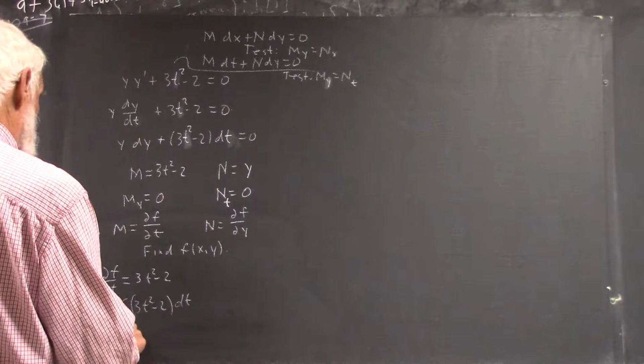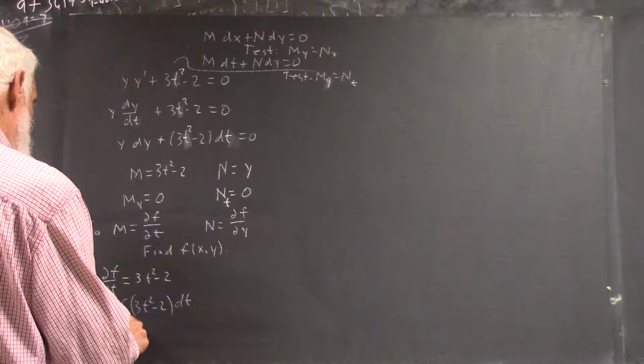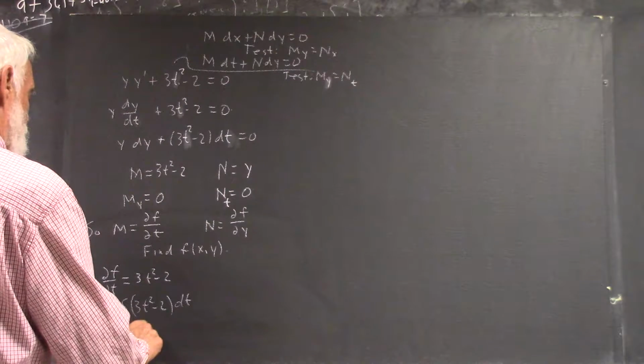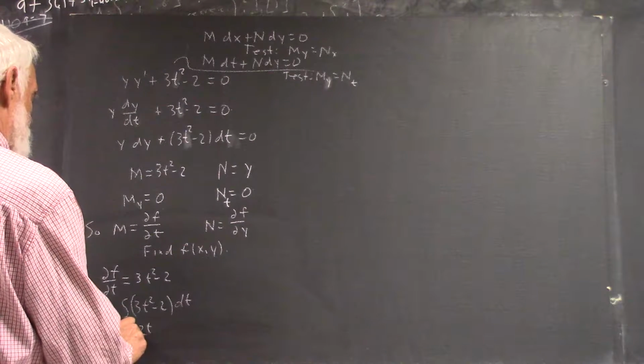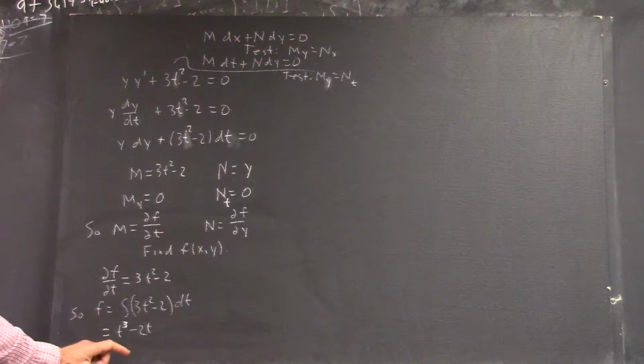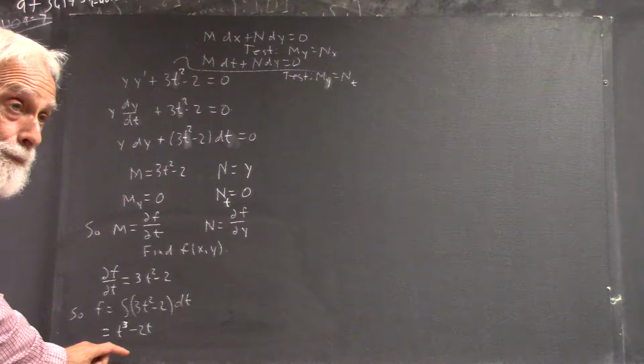So f is the integral of 3t squared minus 2, which is t cubed minus 2t, plus an integration constant.